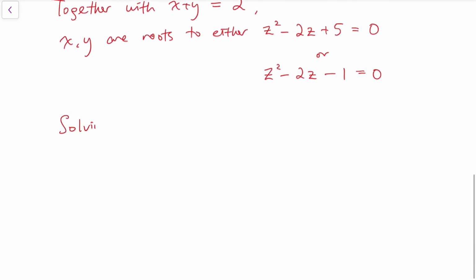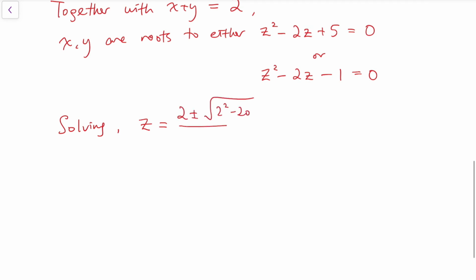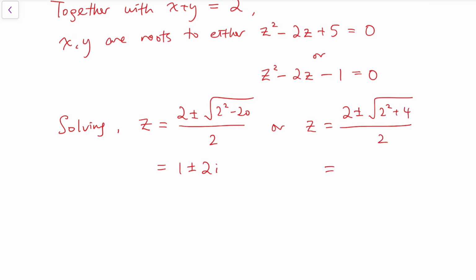So solving with the quadratic formula, for the first equation, we have z equal to 2 plus or minus the root of 2 squared minus 20, over 2, and that is 1 plus or minus 2i. For the second equation, we have z equals 2 plus or minus the root of 2 squared plus 4, all divided by 2, and that's 1 plus or minus square root of 2.